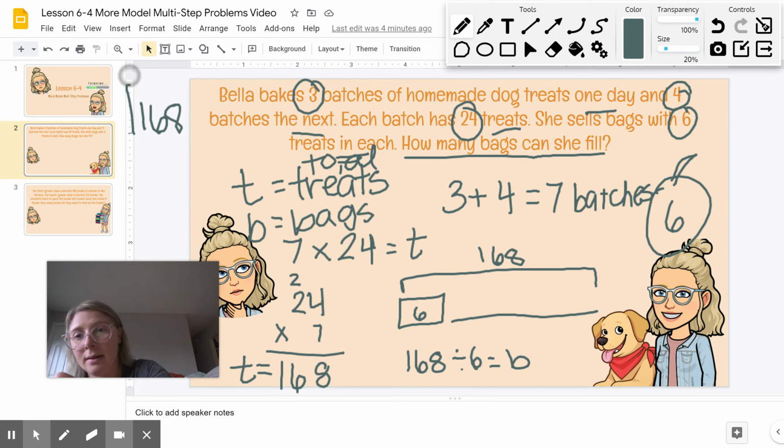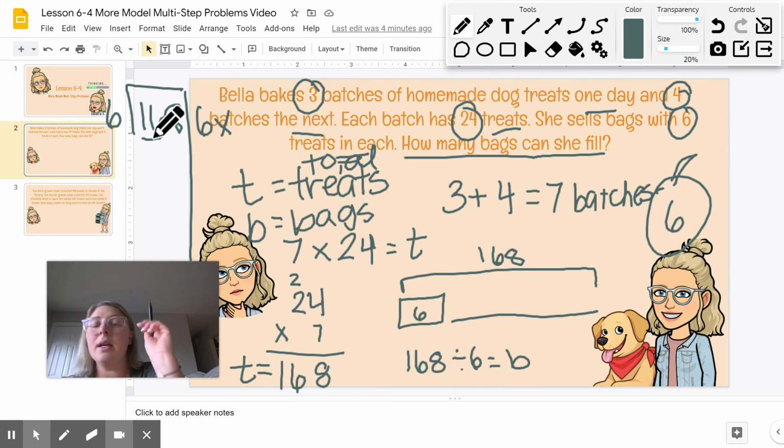168 divided by 6. So I could do 6 times something. 6 times 1 I can't do. Let's do 6 times 16 tens. So I can think, well, 6 times 2 is 12. So 2 tens is 20.